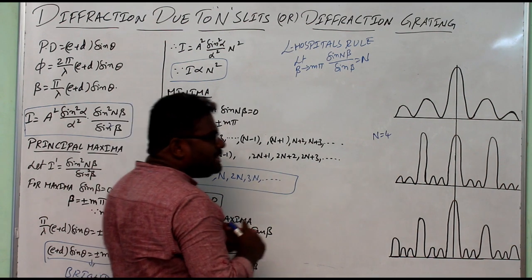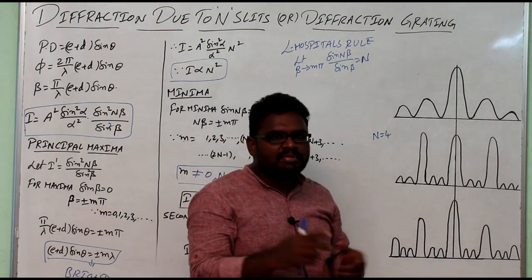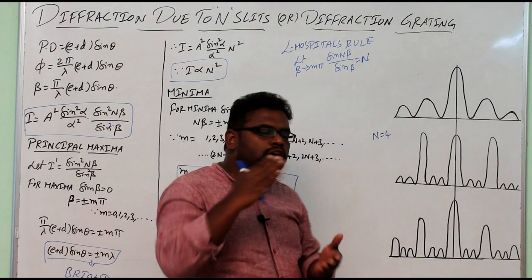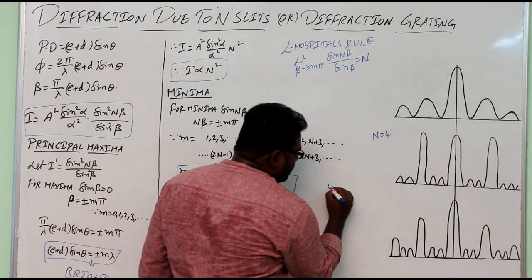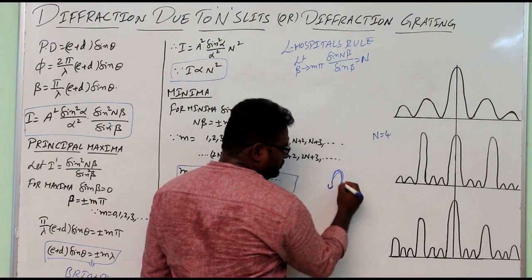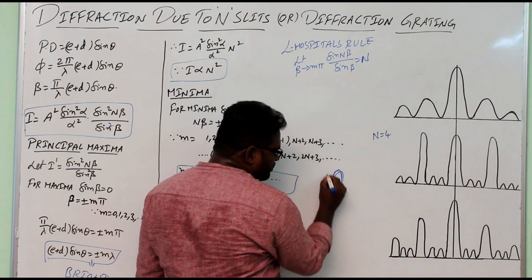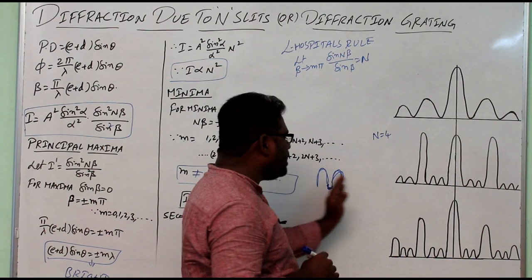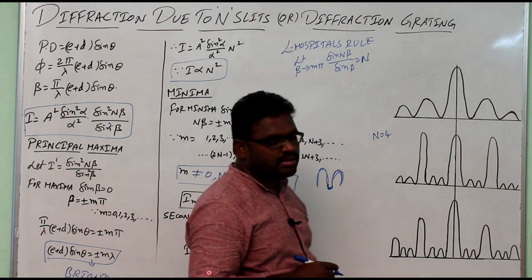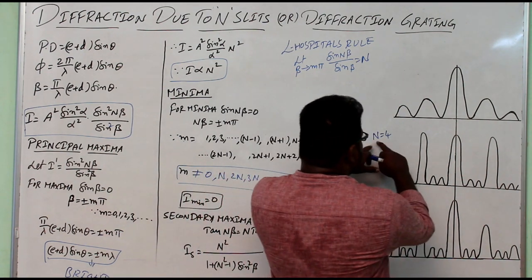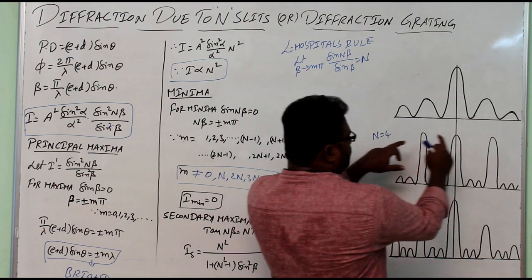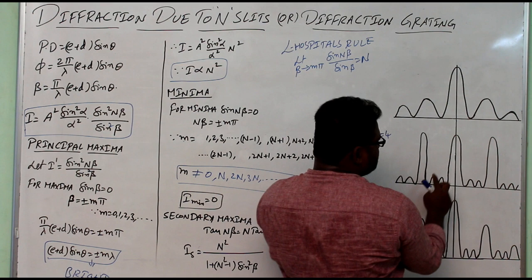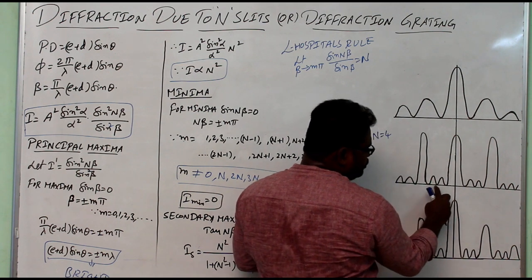In order to say this is a minimum, there should be some maximum. So in order to say there is a minimum value, some maximas will exist. If my capital N is 4, these are principal maximas, and in between 2 principal maximas there are 3 minimas, 1, 2, 3.